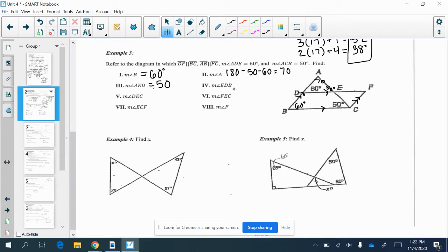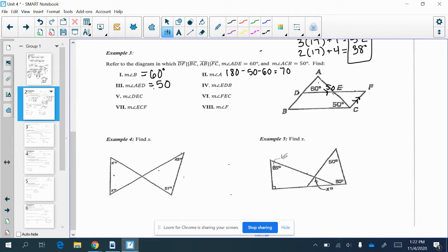Measure of angle EDB, so ED to B, EDB. Well, I see triangle ABC, and I know, oh, we already have that. This one was 50 degrees.